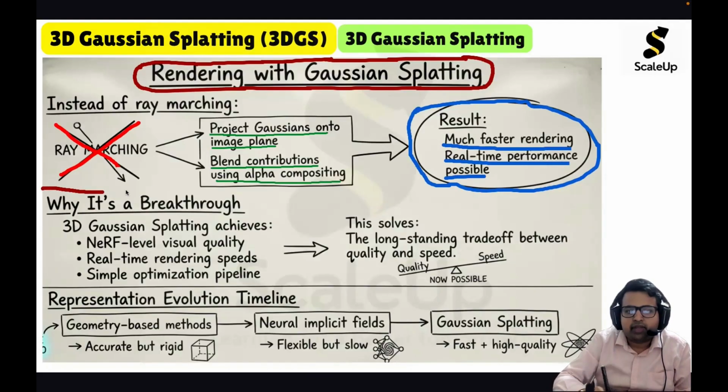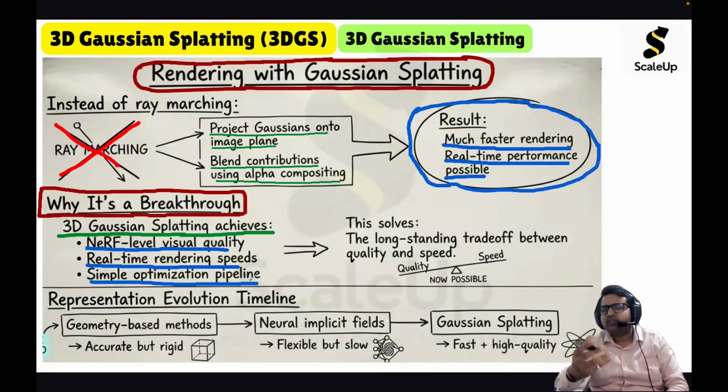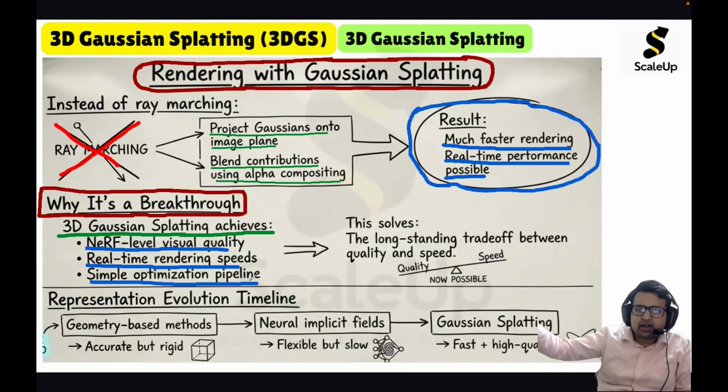Now, why is it a breakthrough? With this technique, 3D Gaussian splatting, we can achieve neural radiance field level visual quality, real-time rendering speeds, and a simple optimization pipeline. It's very simple. No ray marching is needed, no need to query, no need for 256 million computations for a normal image.